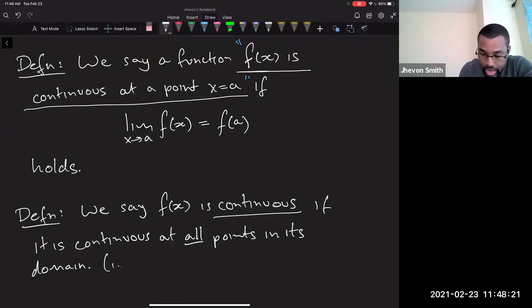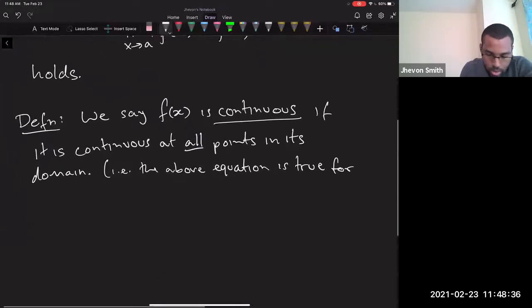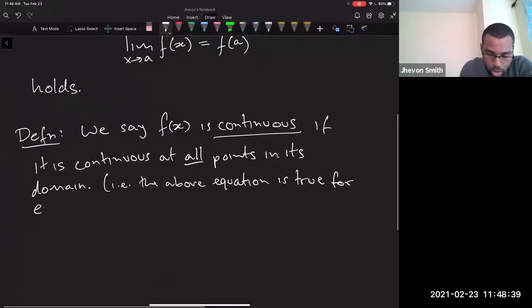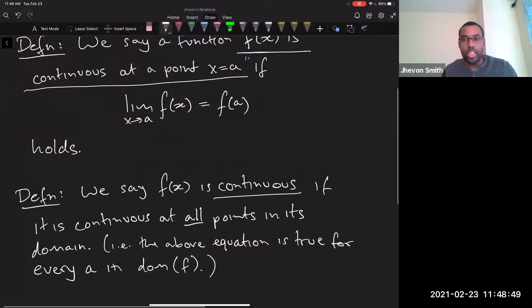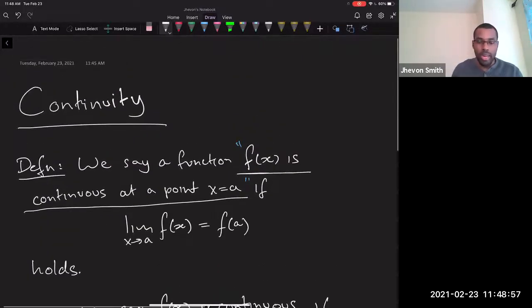So that is to say, i.e., the above equation is true for every a in the domain of f. Right? So if this thing is true, no matter where you're looking in the domain, we say the function is continuous in general. But continuity at a point is defined by this equation.